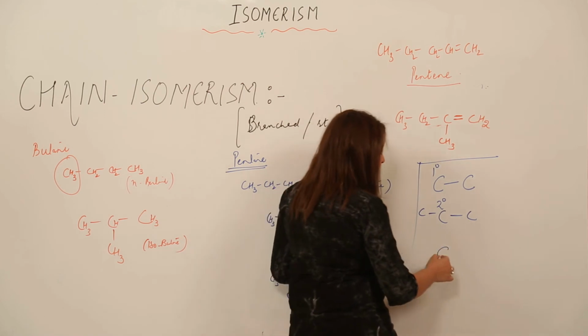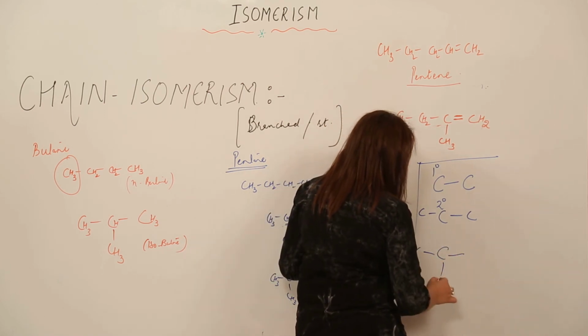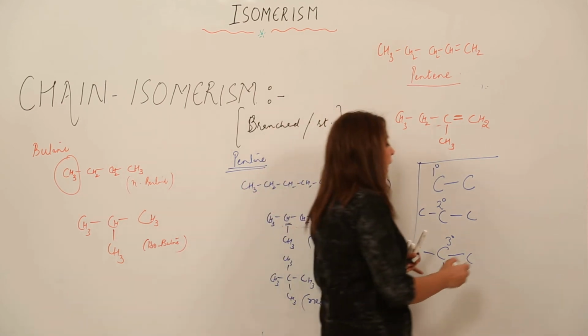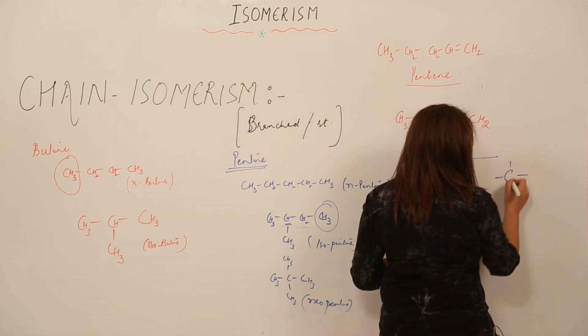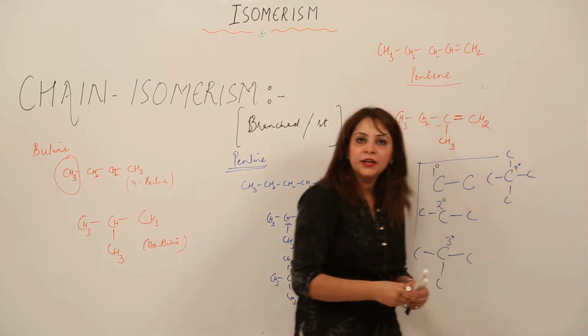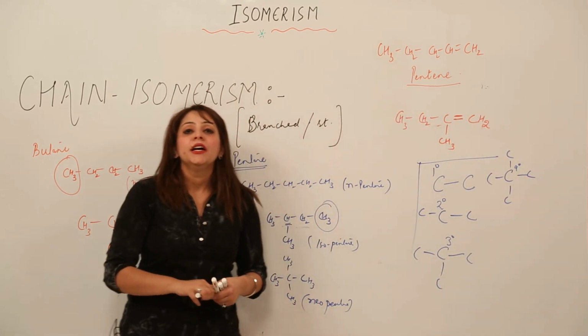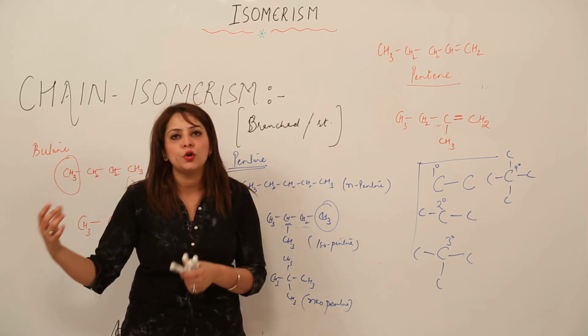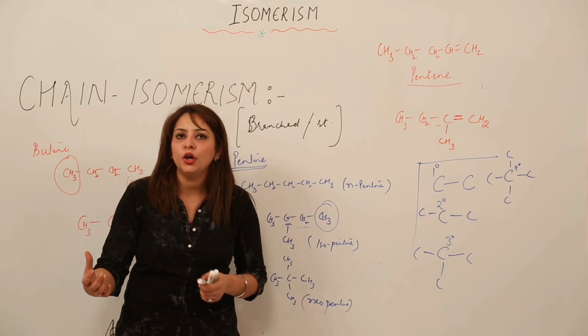If attached directly to 3 carbon atoms, it is said to be 3 degree. And if attached directly to 4 carbon atoms, it is called 4 degree. This is how we classify the carbon atoms of a chain as primary, secondary, tertiary, quaternary, or 1 degree, 2 degree, 3 degree, or 4 degree.